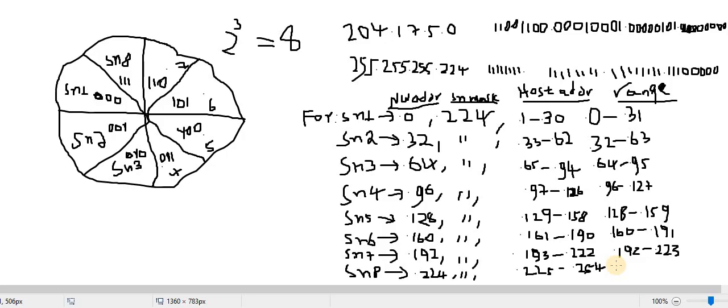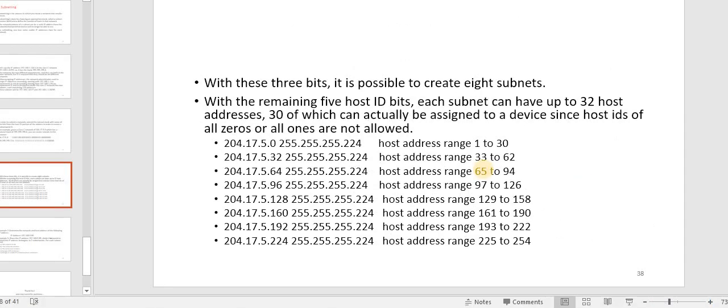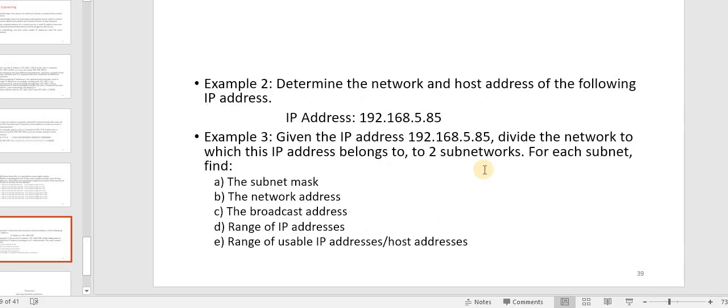The subnet mask is the same for all. The host address range will be from plus 1, which is 225, up to 254, because 3 ones and 5 ones will be all ones, 8 ones, which is 255. Alright? That is how you subnet a network. That's how you divide a network into subnets.